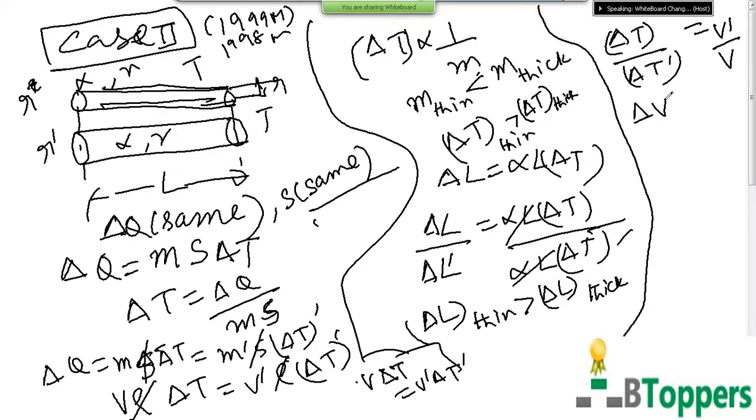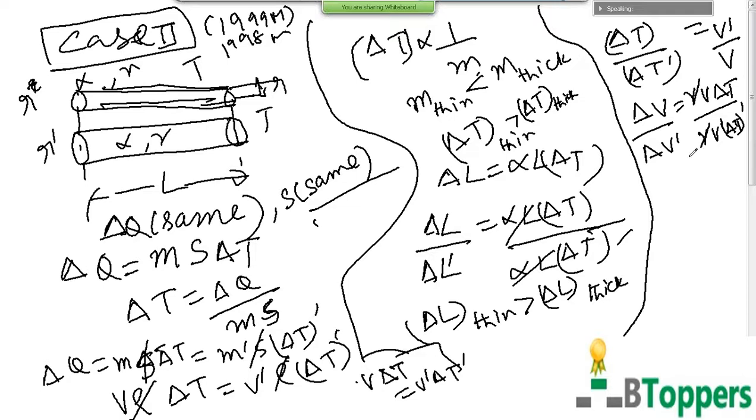Now the increase in volume delta V for the first rod can be written as gamma into the original volume of the first rod into the increase in temperature. The increase in volume delta V dash for the second rod, you can write as gamma into the original volume of the second rod into the rise in temperature for the second rod.